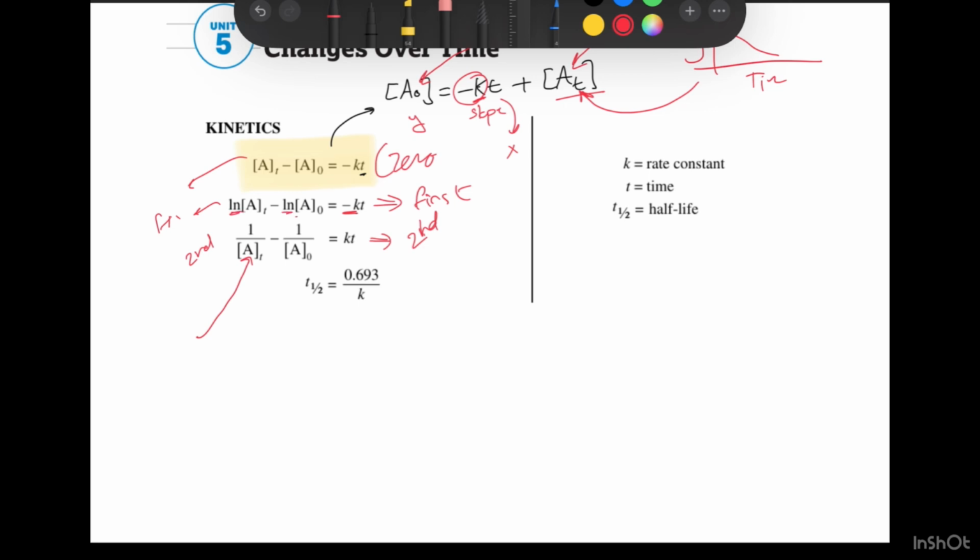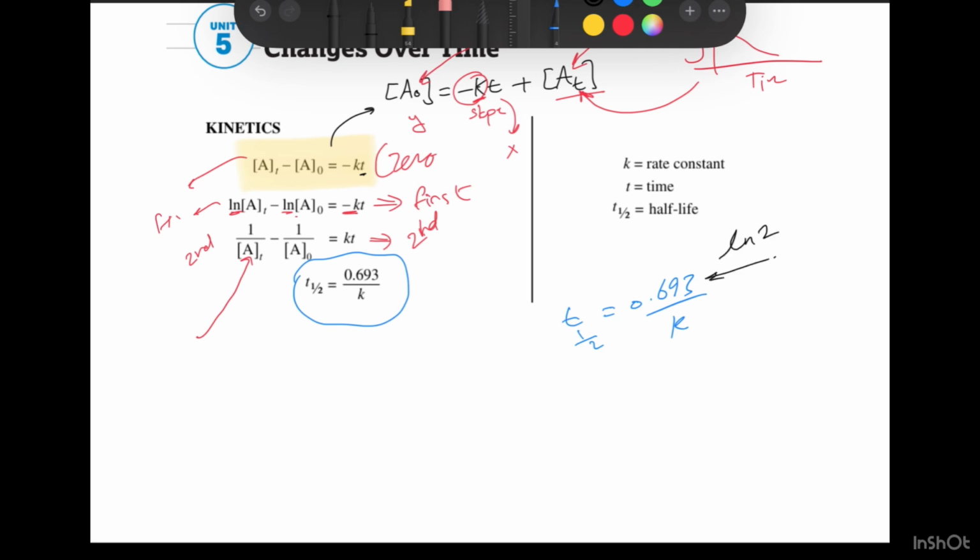All right. One more thing to discuss today, this magnitude t half is equal to 0.693 over k. And k for sure represents the proportionality constant, as we learned. But this number comes from the natural log of 2.